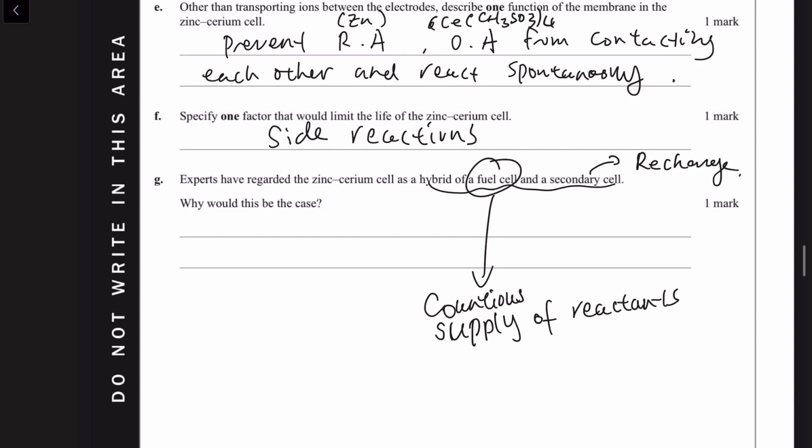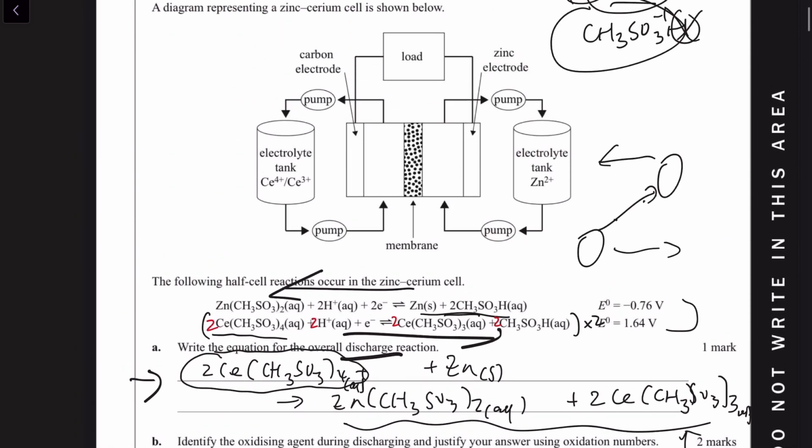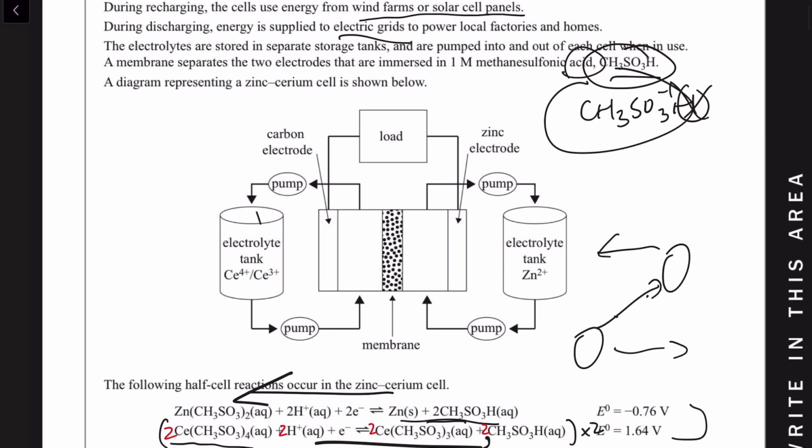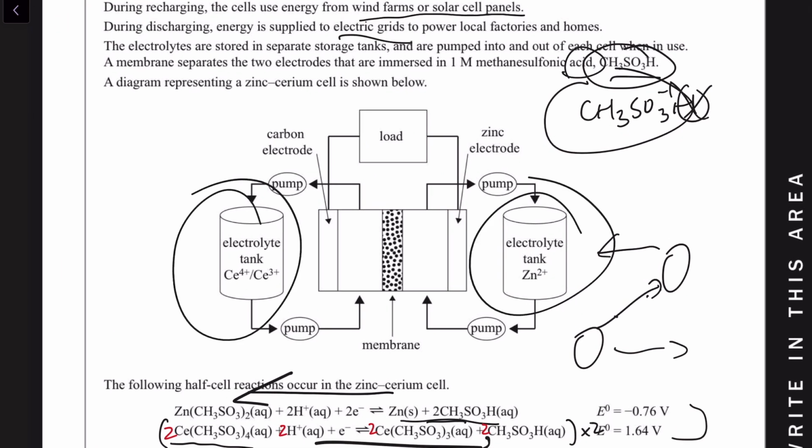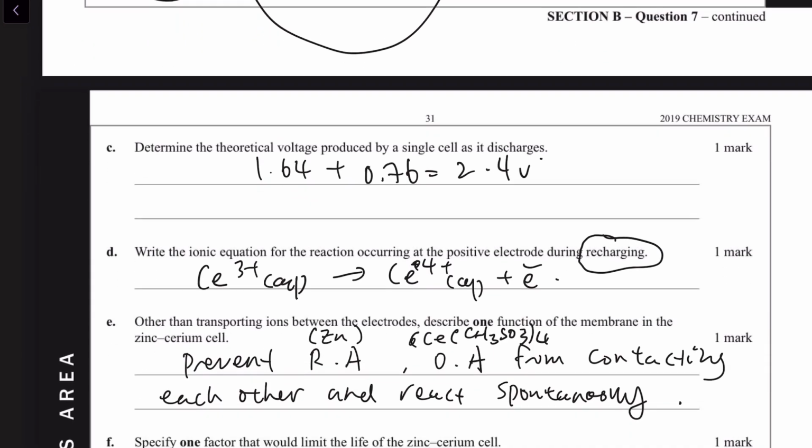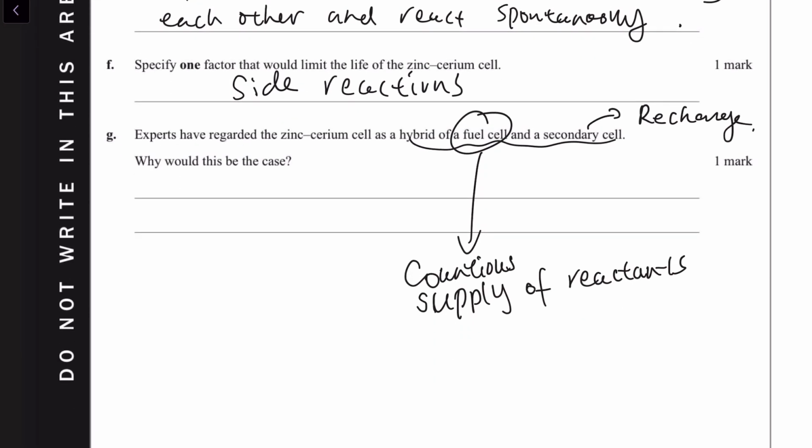So let's look at this diagram once more. We have an electrolyte tank. So it has a fuel cell characteristic because it has an electrolyte tank. So the products and reactants are being continuously supplied.